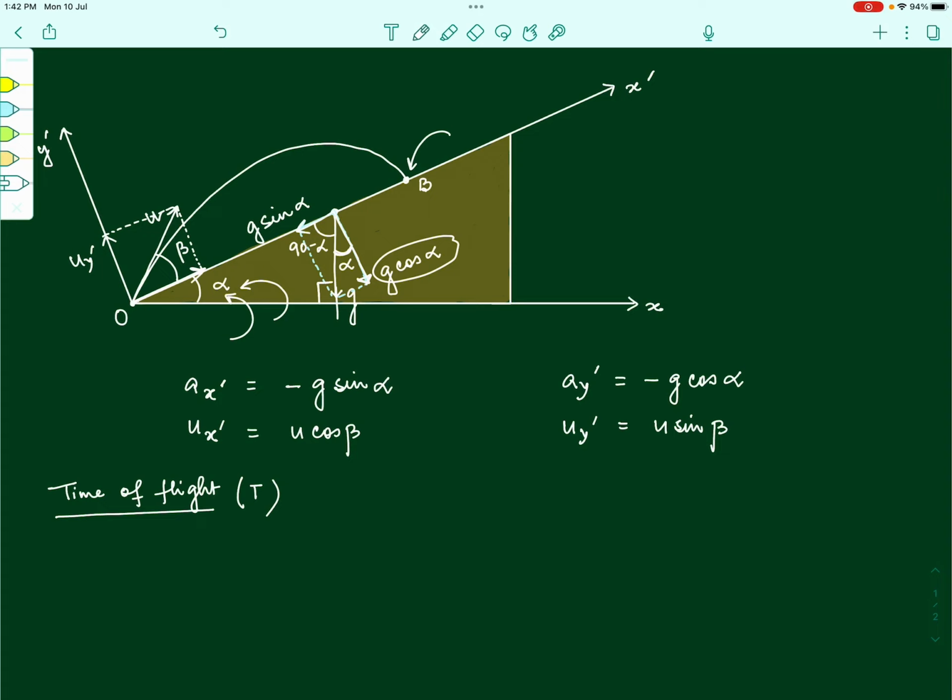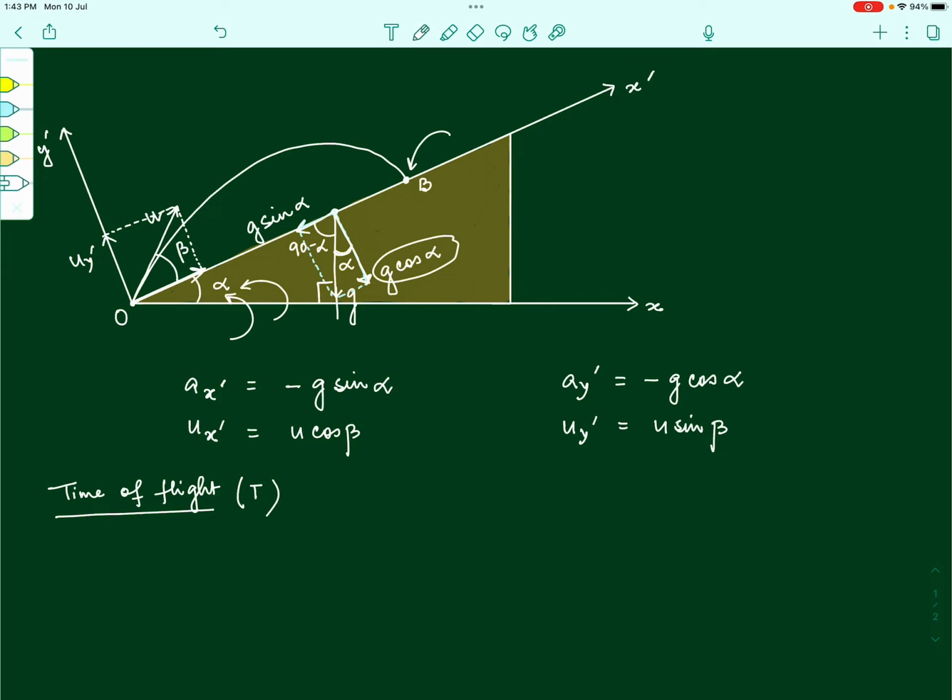Now to find out the time of flight, what condition can be put? What do we see happening at the point B where it hits the plane and completes its motion? Do we see that the point B lies along the x dash axis, which means that its y dash coordinate will be 0, right?